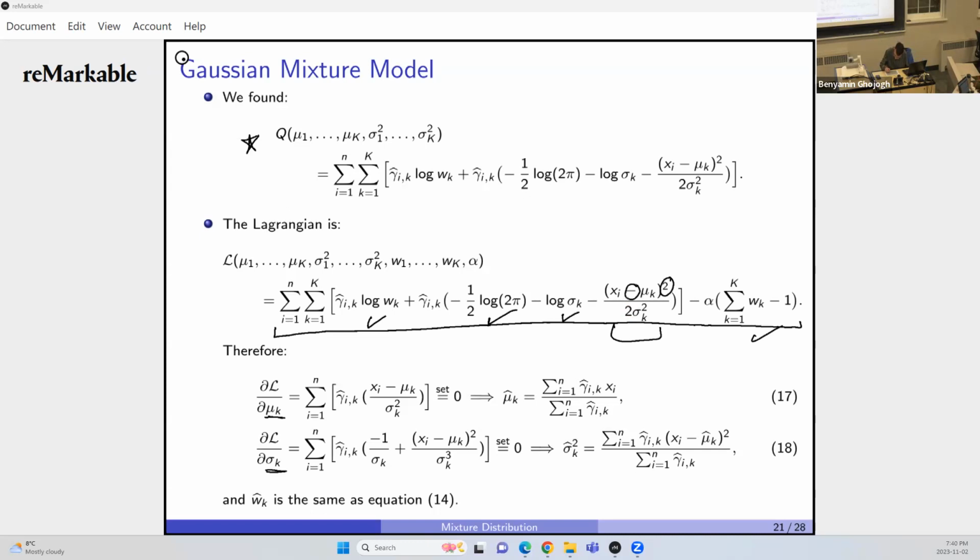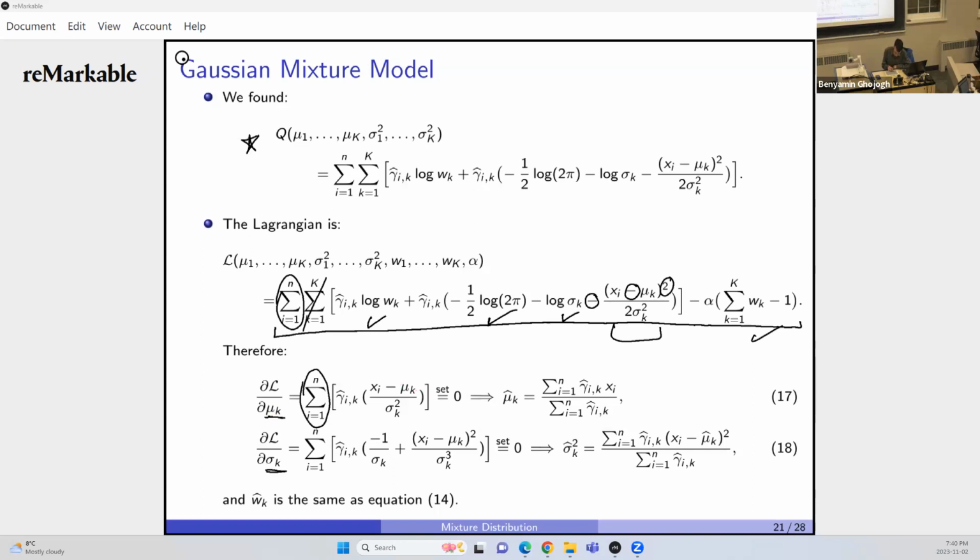Also, this minus and this minus cancel each other. And why does this summation remain, but this summation goes away? Can you tell me why? We're talking about a more specific case. Exactly, because it is the derivative with respect to mu_k for a specific k. Set it to 0.